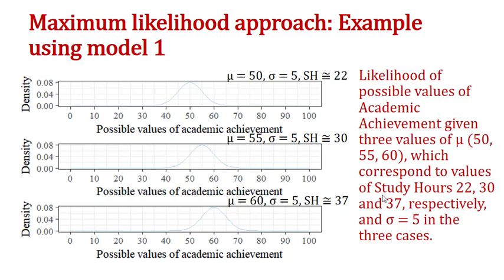Well, you may ask, why don't we have a larger sigma? A larger sigma would make the curve flatter. So if we get a value very far from the predicted value, it still has a higher likelihood; it's not as low a likelihood as in this case.